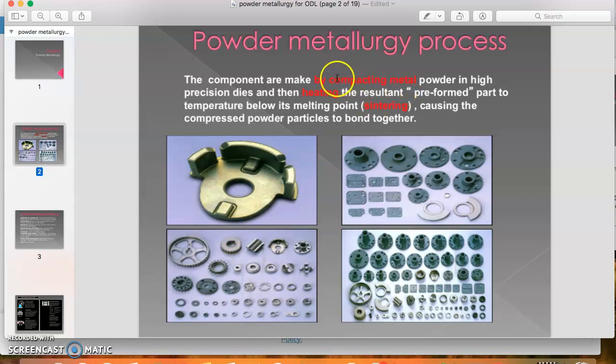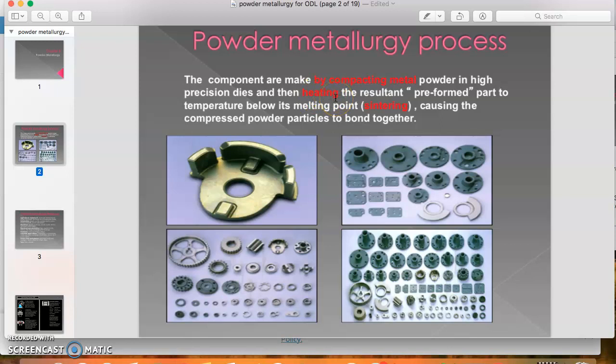The first one is compacting metal powder. The powder metal will undergo the compression process to form the required shape, and then it goes to the heating process, where we heat below the melting temperature of the powder metal.